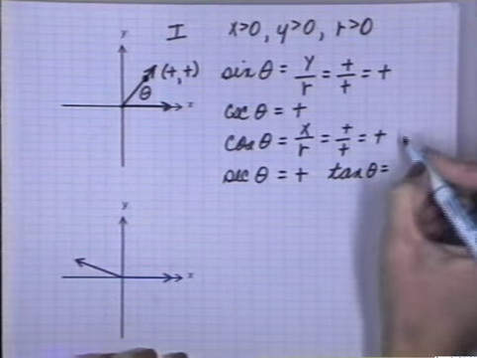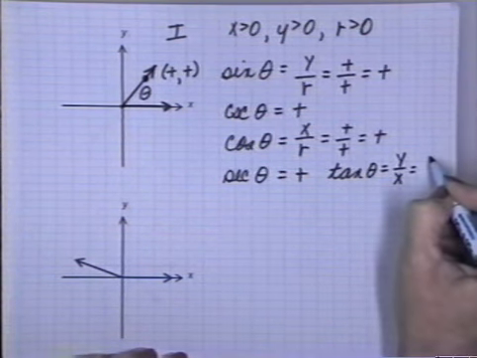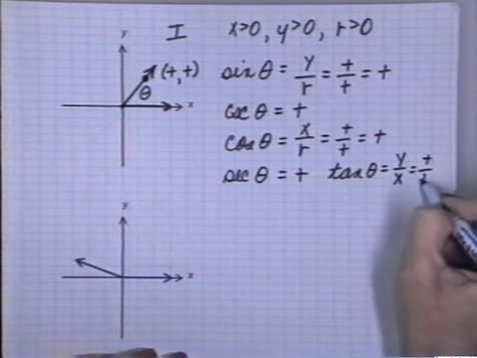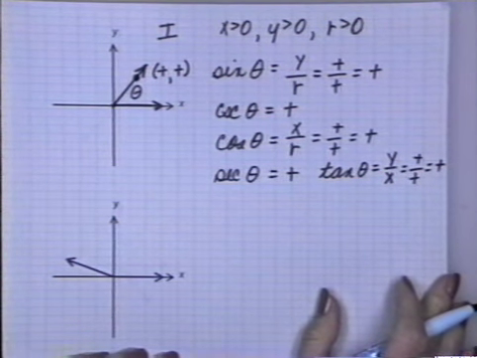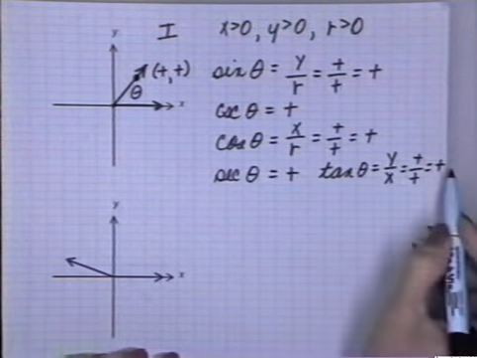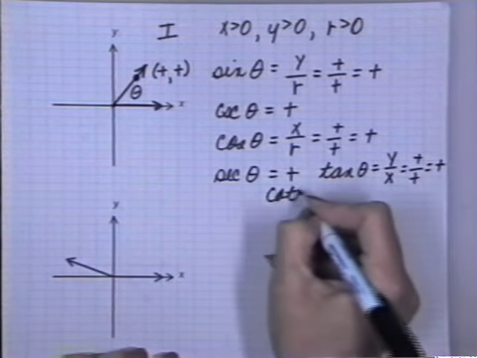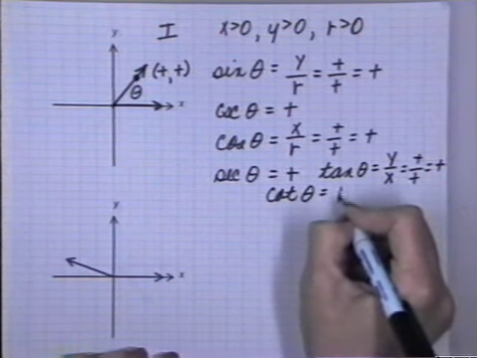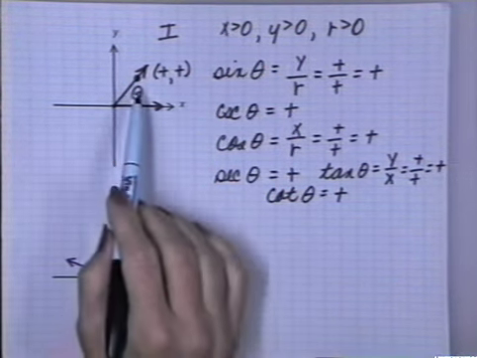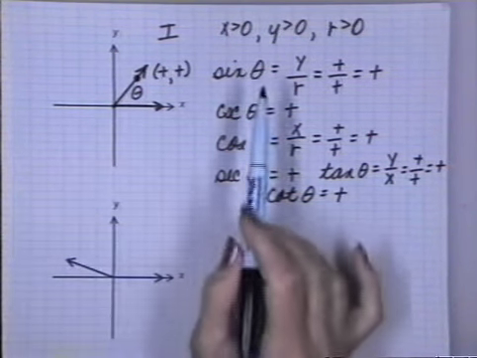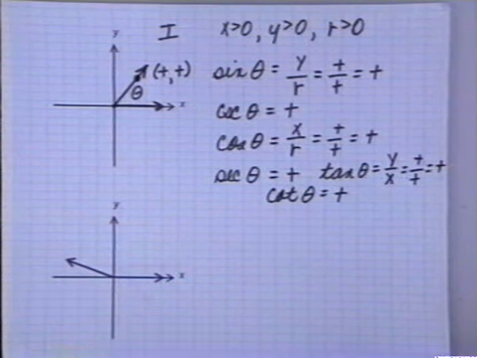We know the tangent equals y divided by x. Once again, I will have a positive divided by a positive, which will give me a positive number. Because the tangent of theta is a positive number, the reciprocal of the tangent will also be positive. So if I have a first quadrant angle, all 6 trig functions of that angle will equal a positive number.